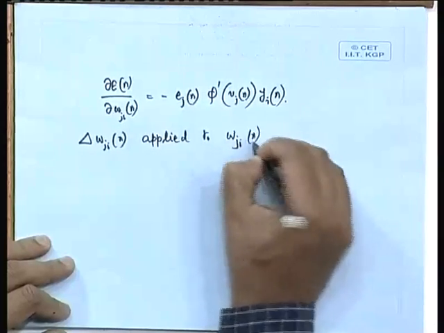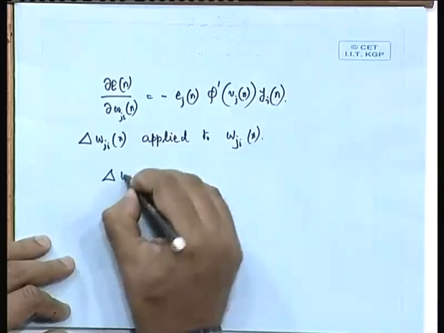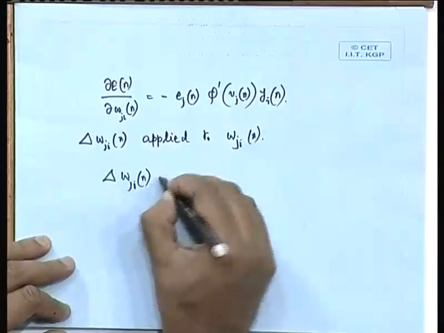And now the correction delta Wji(n), which is applied to Wji(n), can be written as follows, because delta Wji(n) is going to be proportional to ∂E/∂Wji, isn't it? Error with respect to Wji. So what is the constant of proportionality? Eta.